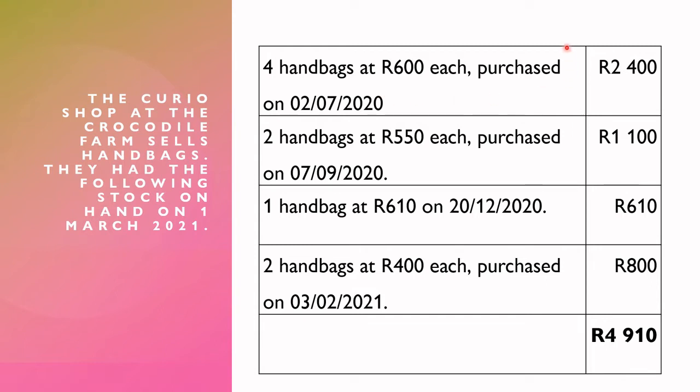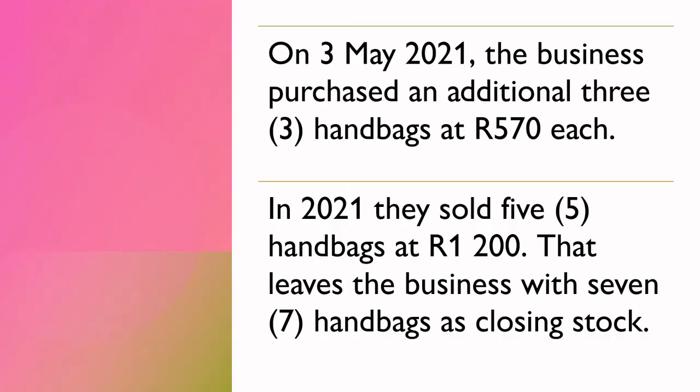So we can see that this whole table has already been calculated for us, giving us the total amount of 4,910 Rand. This amount is our opening inventory for March 2021. On May the 3rd, 2021, the business purchased additional handbags.